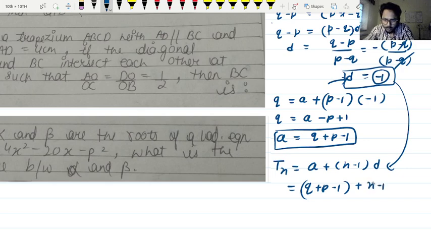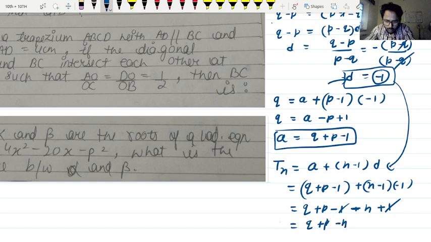So (n minus 1) multiplied by minus 1. After simplifying, q plus p minus 1 minus n plus 1. 1 will be cancelled out, and this will become q plus p minus n. That means the nth term of the same AP is q plus p minus n.